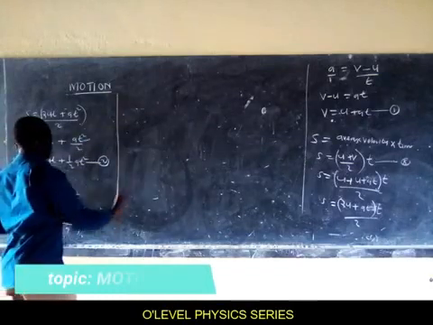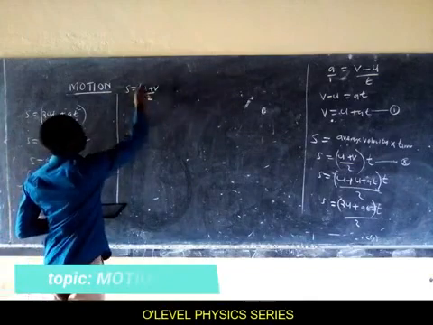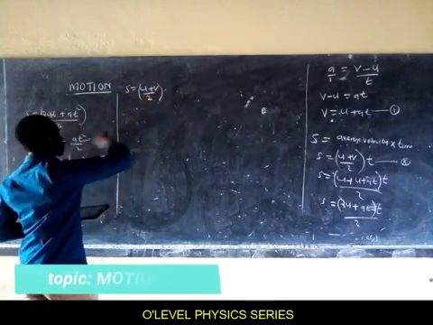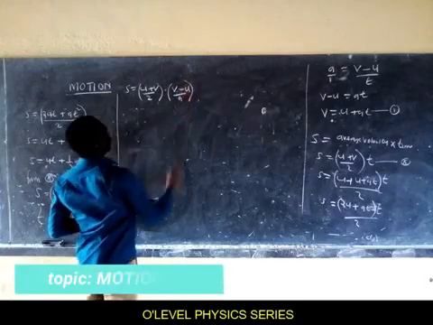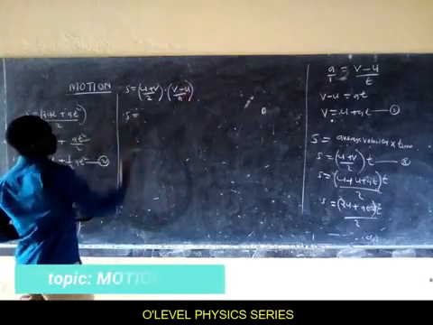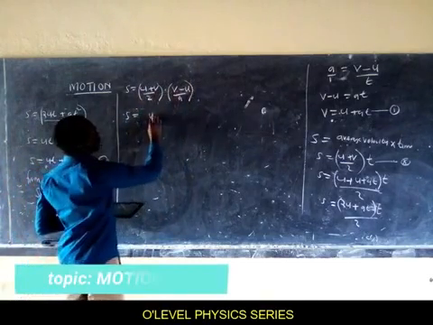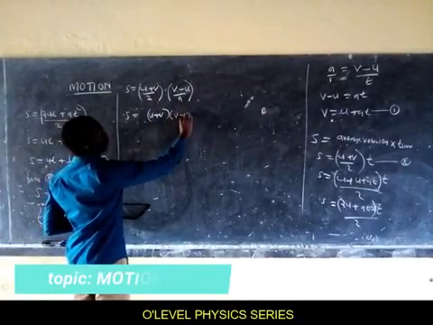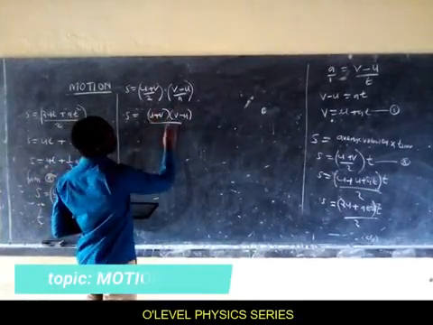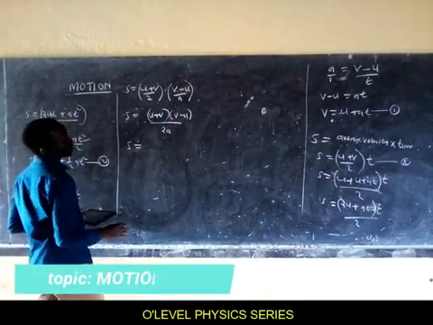So this will give us s equals u plus v divided by 2 times our t, which is v minus u divided by a, giving us s equals u plus v into v minus u over 2a.